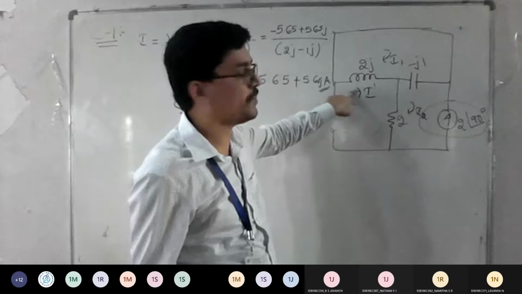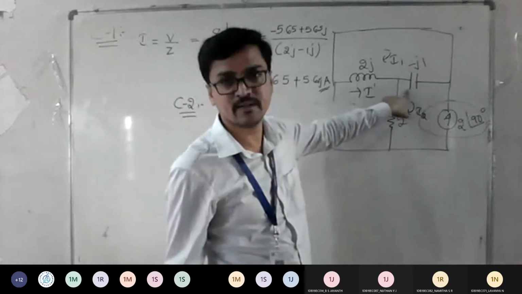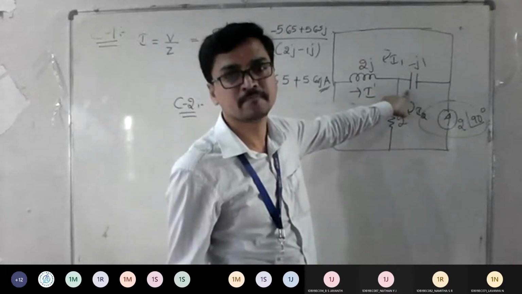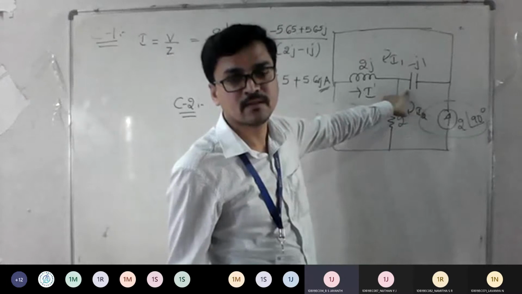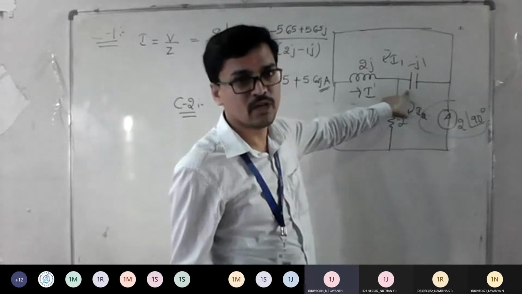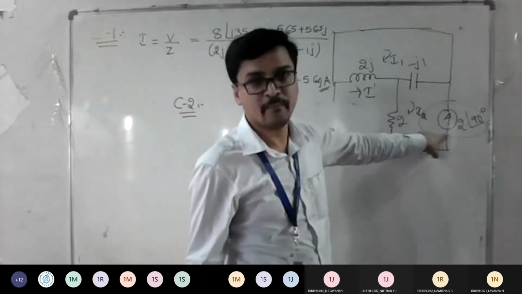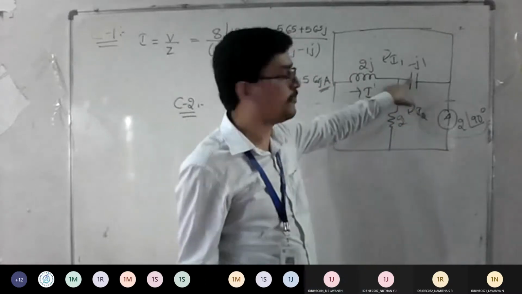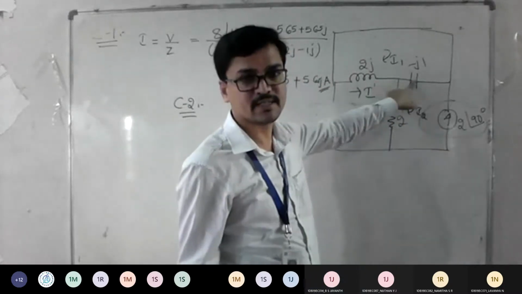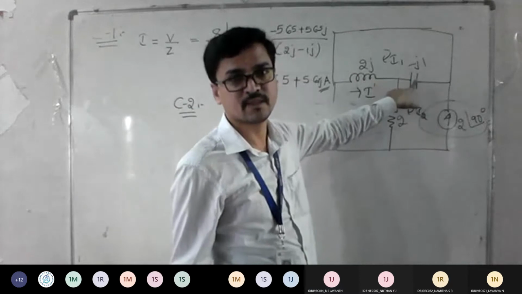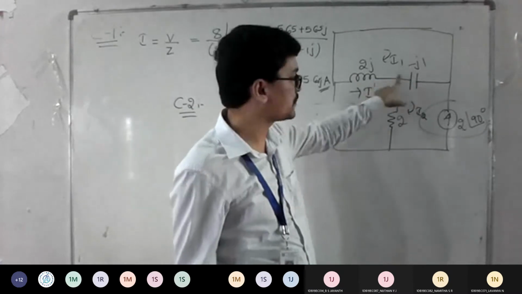Which is the opposite resistor here? Is it 1J minus 1J? Yes, sir. I'll repeat: branch current is equal to main current into the opposite resistor divided by the sum of the 2 resistors. Clear?